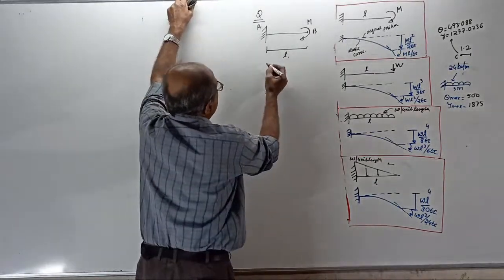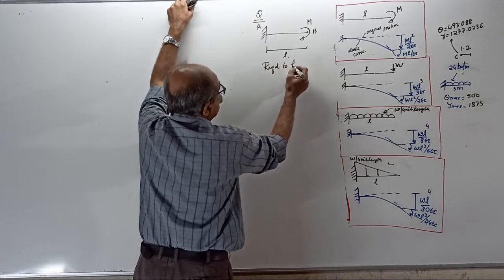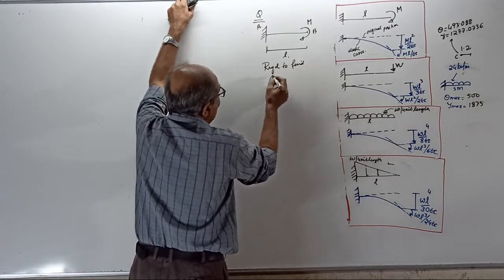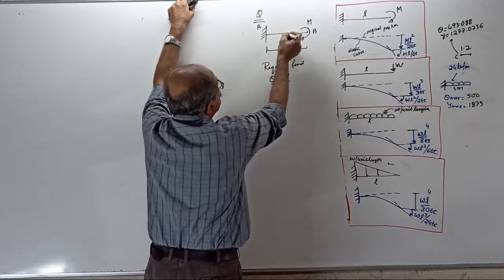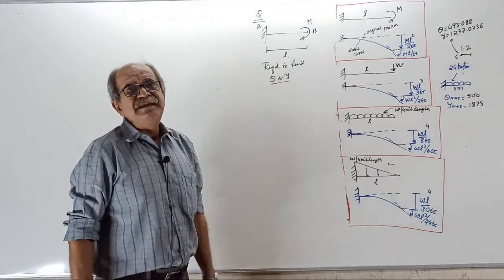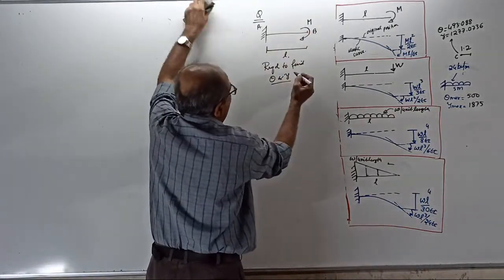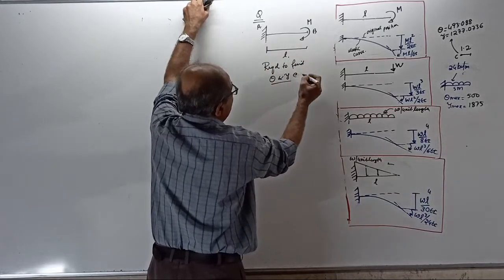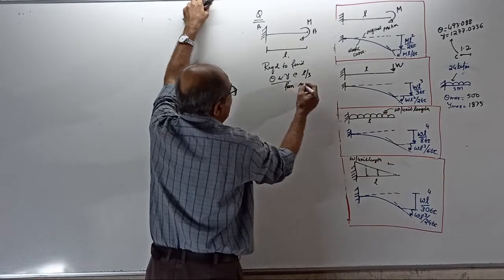Now, it is required to find slope and deflection Y anywhere. Usually they ask you the center, but I avoid the center. Why? Center means easy for you. L by 2. Say Y at any point, L by 3 from the free end.